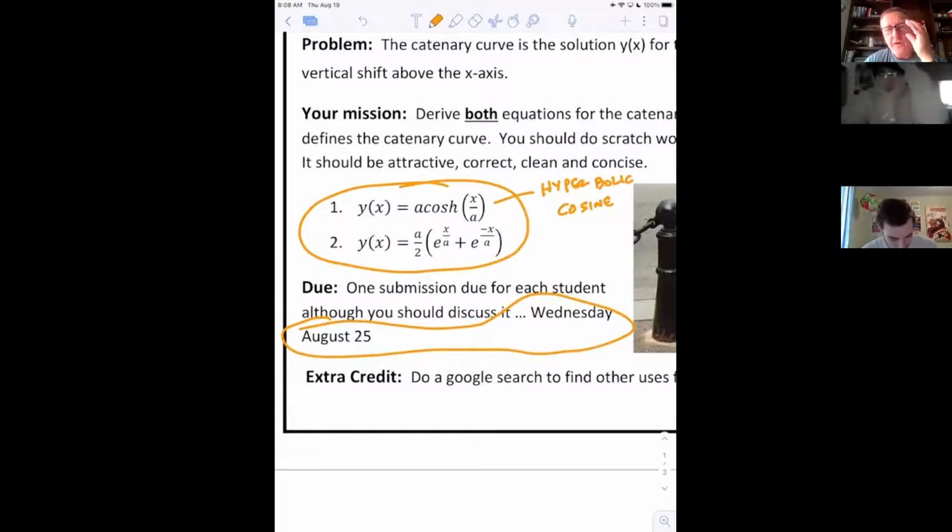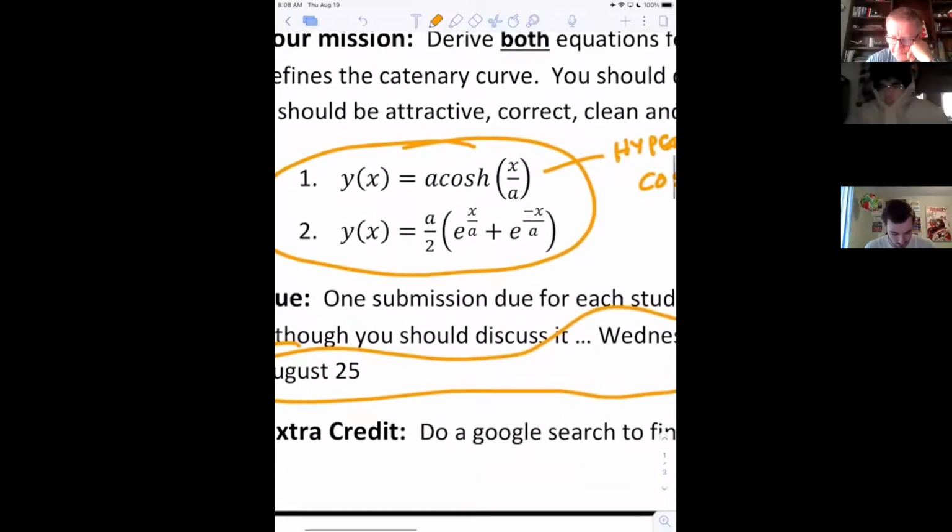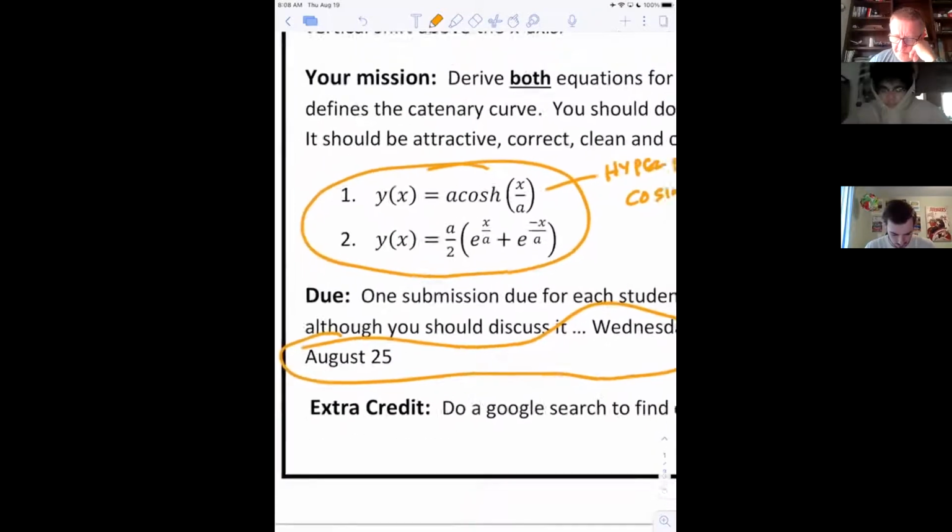If you solve this problem using a Laplace transform, you may remember yesterday I pointed out the only difference between cosine and hyperbolic cosine was that little minus sign with the b squared. You'll get the equation arc hyperbolic cosine. I'm sorry, that's not arc, that's an A in front of it. If you don't, then you'll just get something you do recognize. Notice that other one is just e's and so forth.